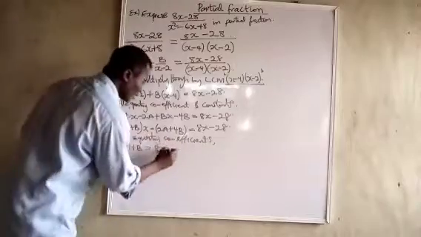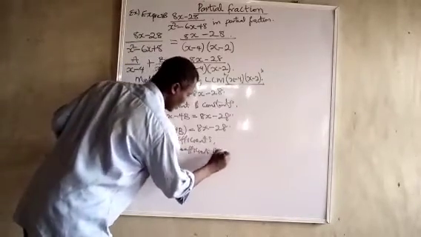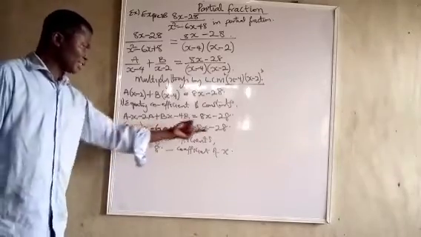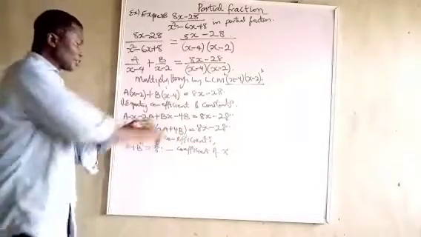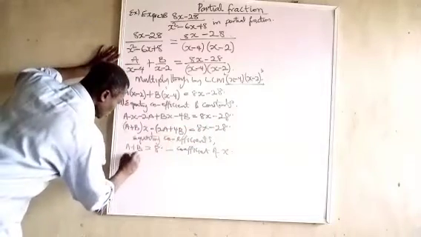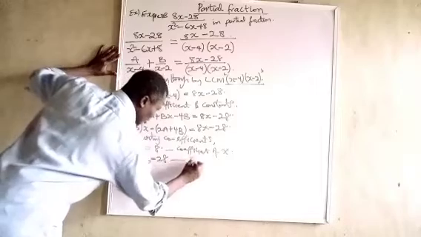That is the coefficient of x. Then minus 2a minus 4b is equal to minus 28, so we also have 2a plus 4b is equal to 28. That is the constant.